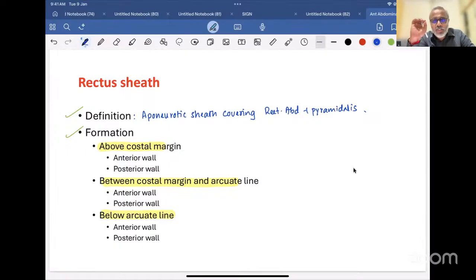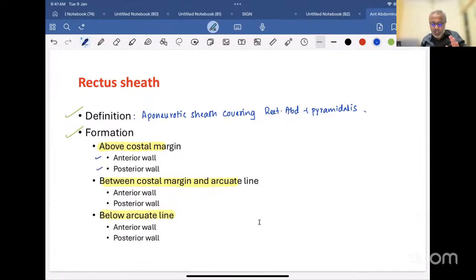The formation of the rectus sheath differs at different levels. There are 3 levels that are defined. One is above the costal margin, then between the costal margin and the arcuate line. The third level is below the arcuate line. So, how is it formed? At each level, there is anterior wall and posterior wall.